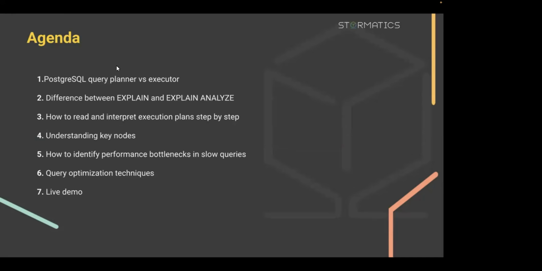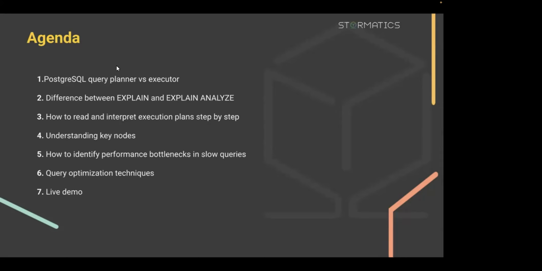So, here's the agenda. We'll start with the query pipeline, the four stages every SQL statement has to go through, and we'll zoom in on the query planner and executor. From there, we will cover EXPLAIN and EXPLAIN ANALYZE, what each one shows and which one to use when, and then we'll cover the plan nodes.